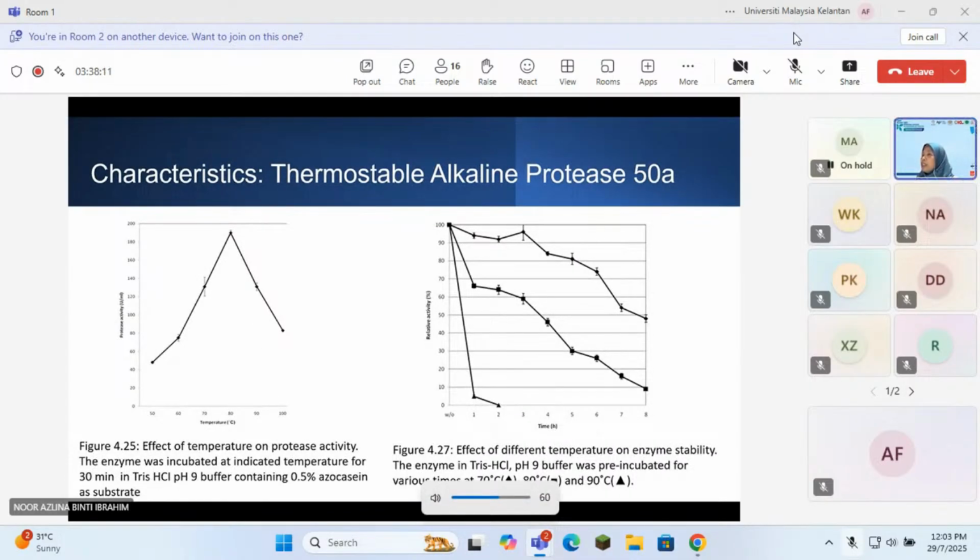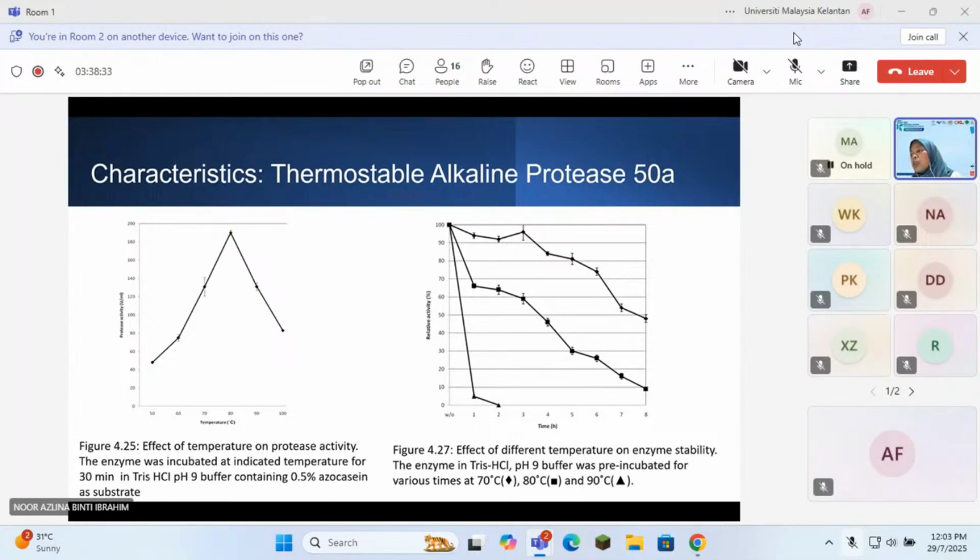Okay, we move to the temperature stability and thermostability of the protease. We can see the figure here of the effect of temperature on protease activity. The enzyme is able to work well at high temperature, up to 80 degrees Celsius.